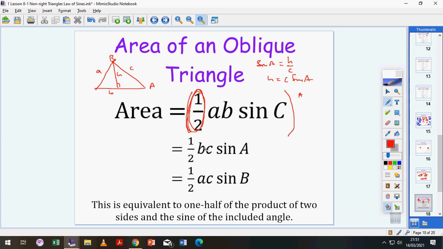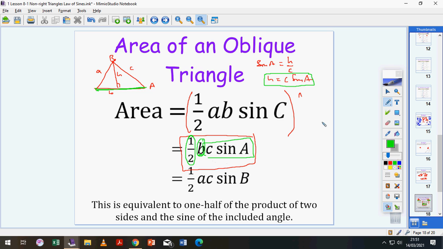So let me go over it again. The area would be half, the half is already there, times the base. The base of that triangle is B, times the height, but the height of the triangle has been calculated to be C sine A, which is what I have here. So depending on what side you use to drop the perpendicular for the height, you can get this formula in 3 different formats, but it's all the same thing.